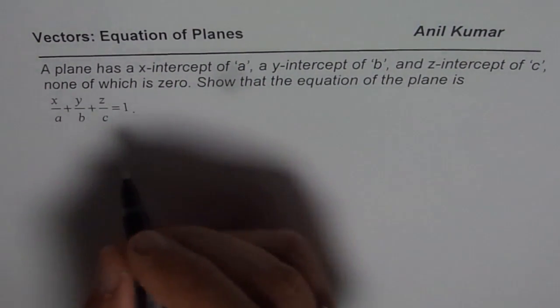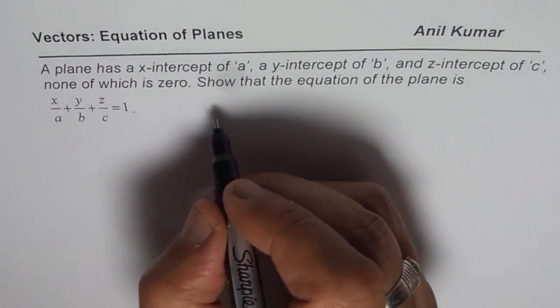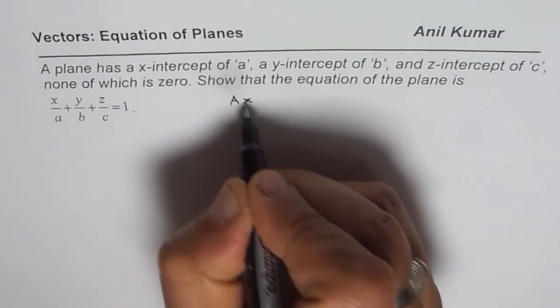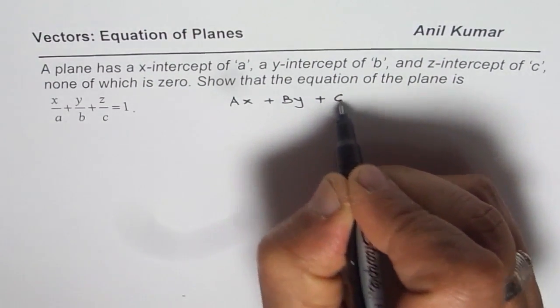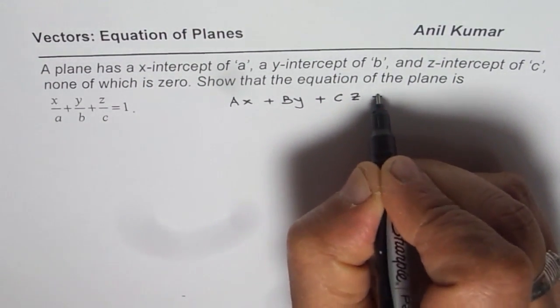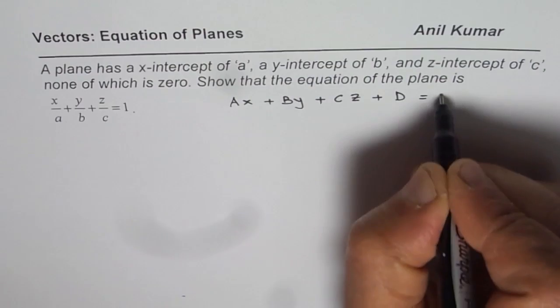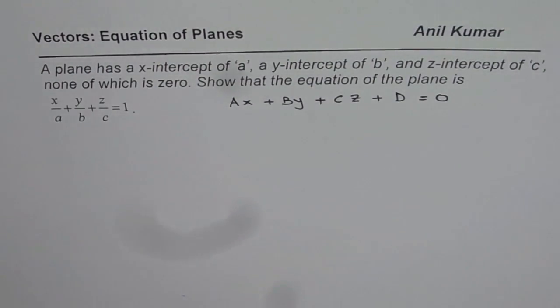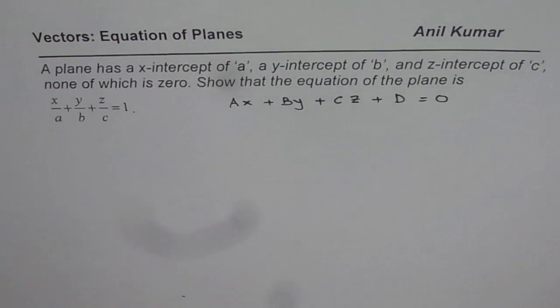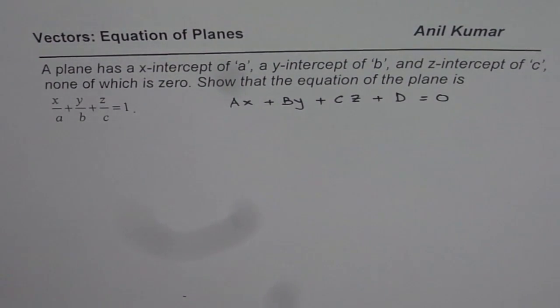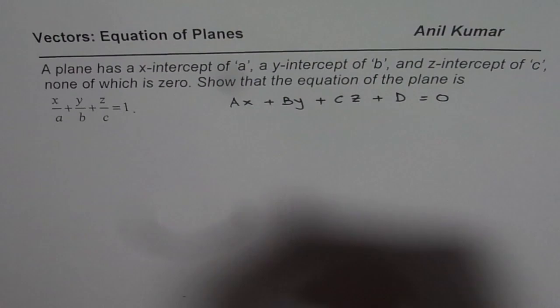Now we know in general the equation of the plane is ax plus by plus cz plus d equals 0. Now that is the Cartesian or the scalar equation of the plane, right? It uniquely defines a plane. Now from this equation, can you tell me what is the x-intercept, what is the y-intercept, and what is the z-intercept?